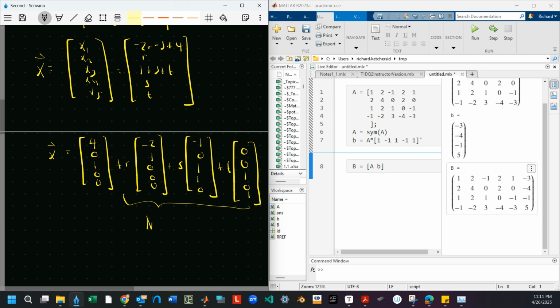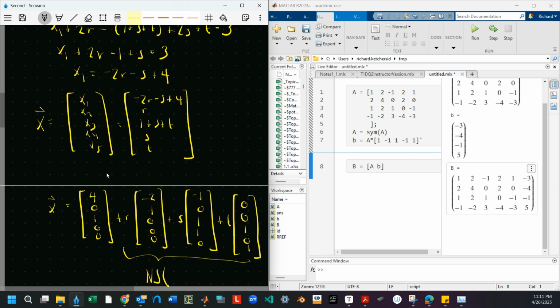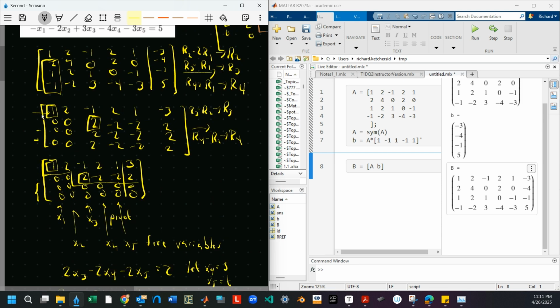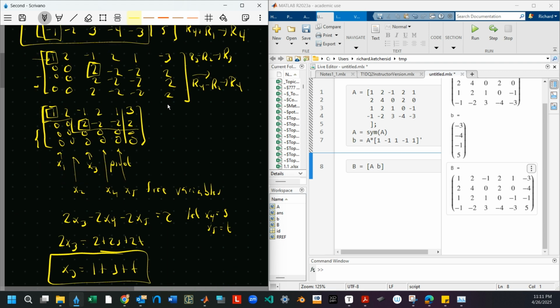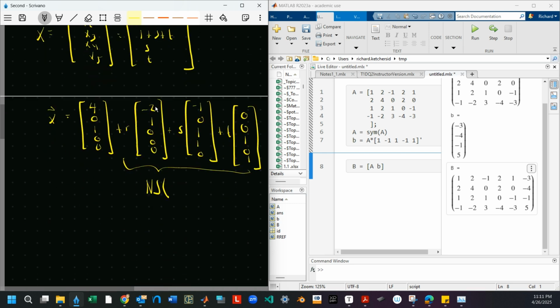And this turns out to be the subspace we're going to call NS, the null space of the original matrix A. And the original matrix is way back here, the coefficient matrix there, right? So it's going to be the null space of A, okay? And this part right here will be a particular solution of our equation.